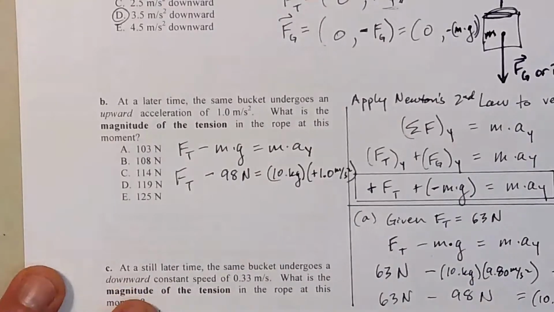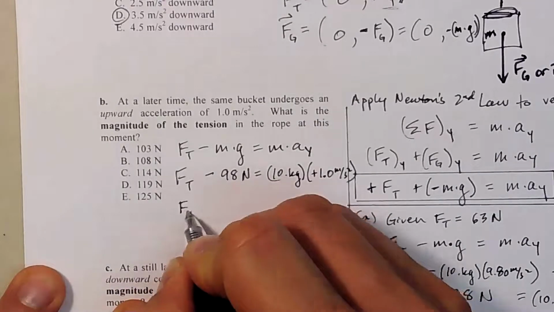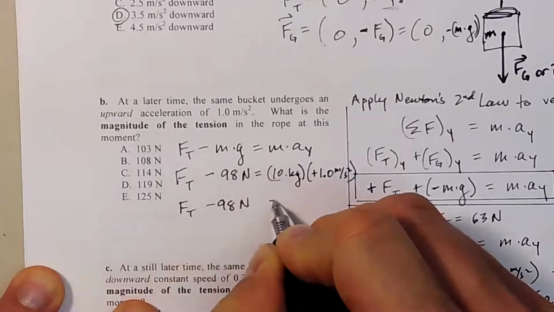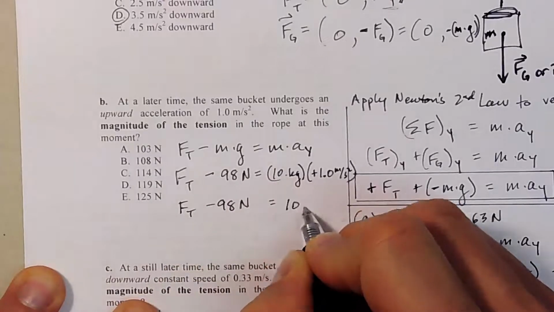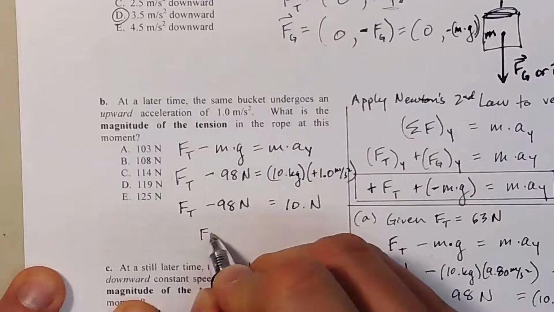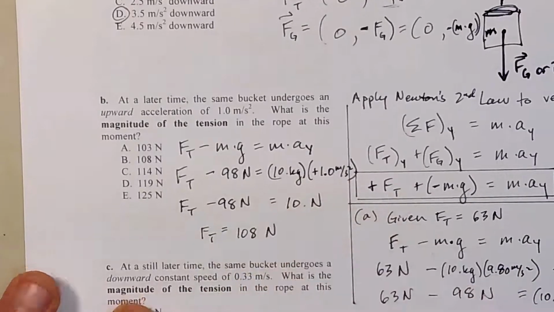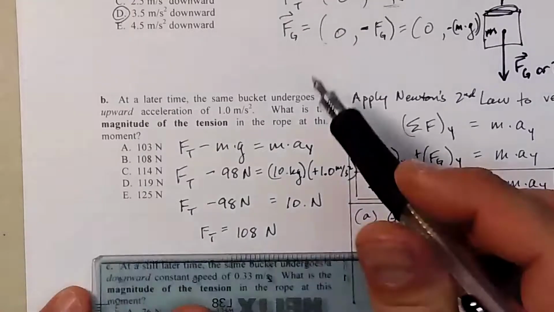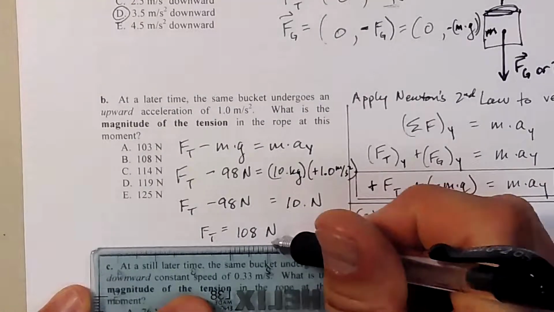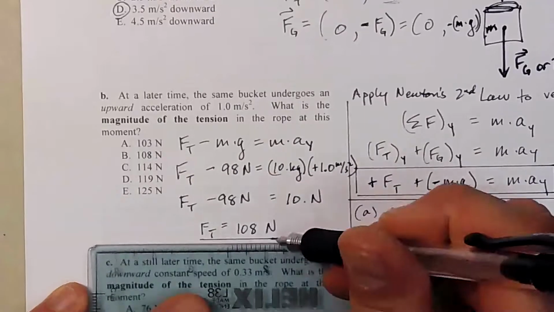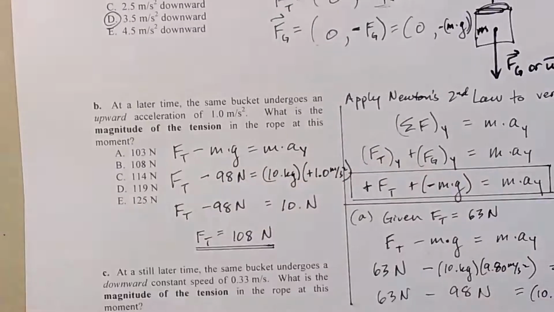So it looks like the tension in the rope is 108 newtons. And you could say I might have gained a significant figure here just due to carryover, due to addition.